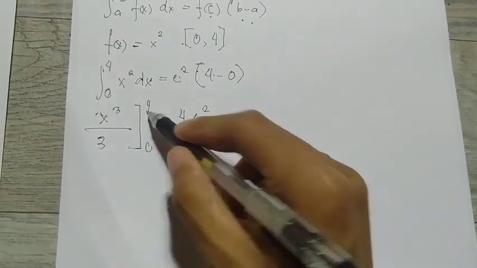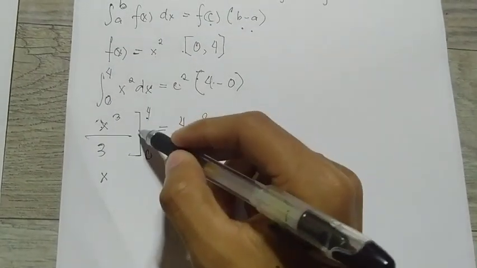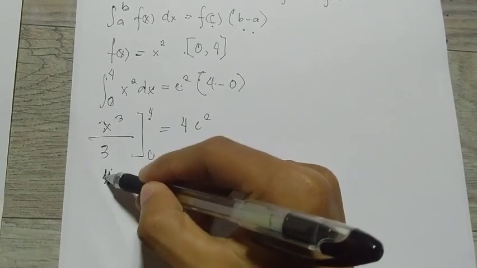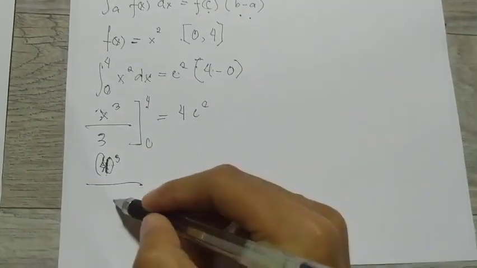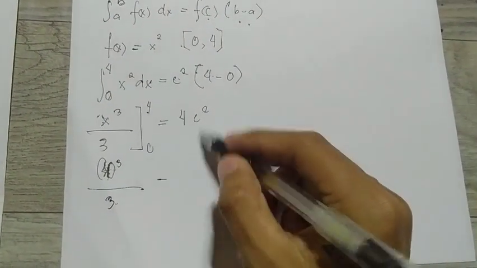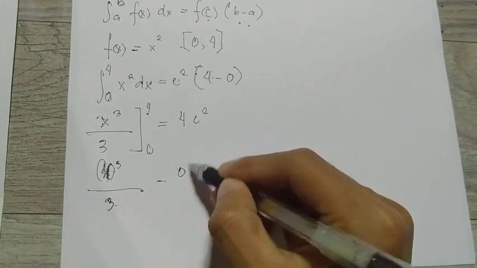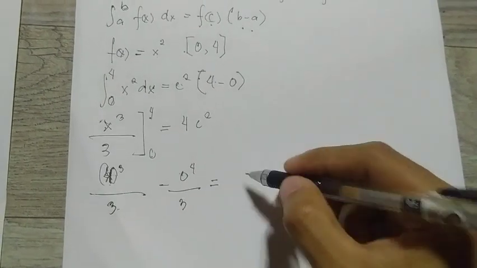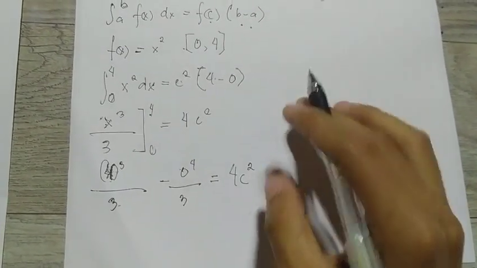And substitute the value of x, I mean 4, so x is equal to 4 raised to the power of 3 over 3 minus 0. So 0. So 4c squared.